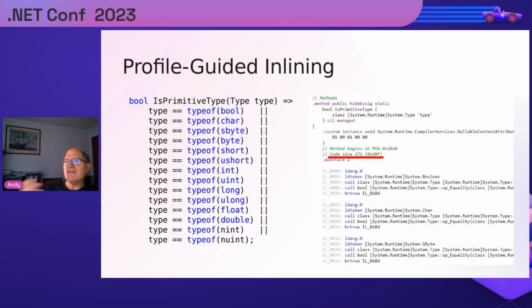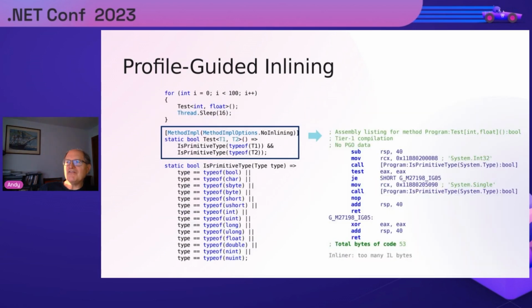But it turns out that even though this thing is conceptually simple, it actually generates a fairly big method body. In this case, I forget, 271 bytes of IL. Now, normally the JIT is extremely cautious about inlining methods that are this big because typically they aren't going to pay off. But because we have profile data, we can sort of peer in here and we can see, aha, wait a minute. We happen to know, for example, in this example, we only call it with, say, int or float.